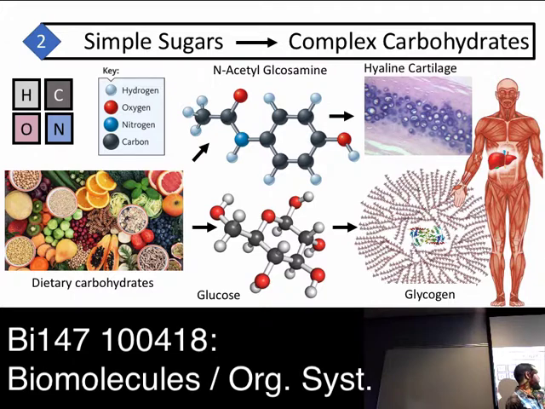So here is N-acetylglucosamine. N-acetylglucosamine is this molecule, except with this group. But this is, in fact, glucose. Glucose is the fundamental sugar that our body uses in its blood.